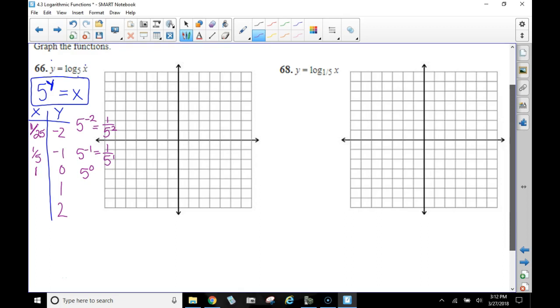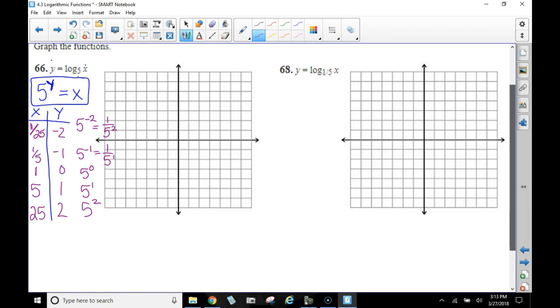Okay? When y is 1, 5 to the 1st is our x value, or just 5. And when y is 2, 5 squared gives us 25.